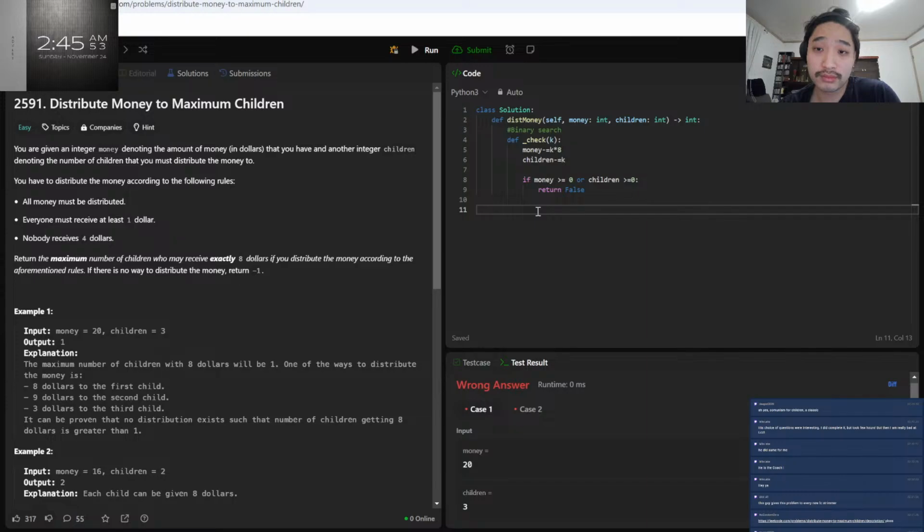Yeah, okay. This was the first simple one. And in what case would it be forced to have 4 at the end? If I have modulus, okay. So the case is it's false if one child gets $4. How would that happen?